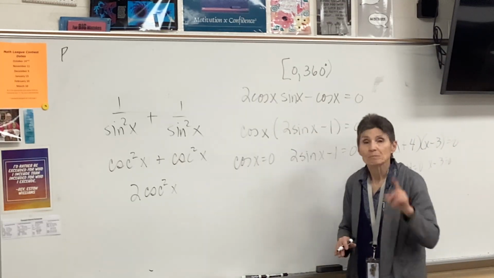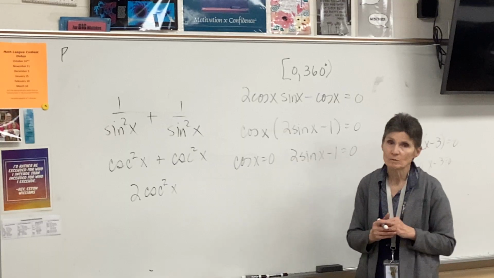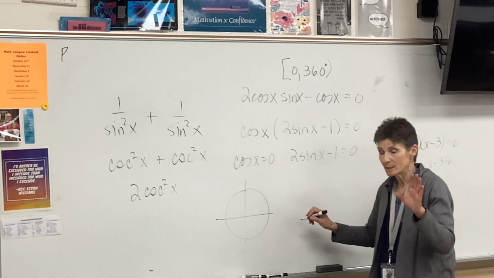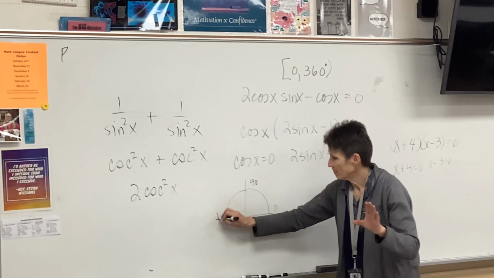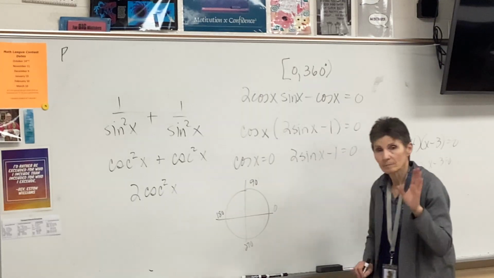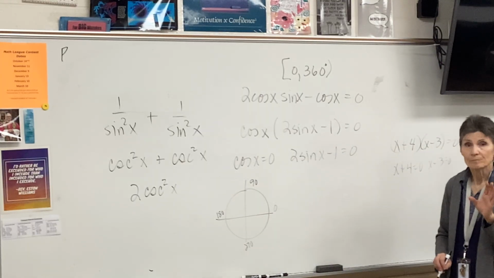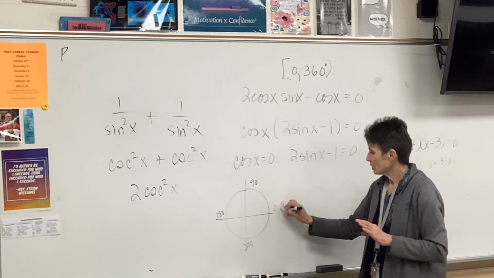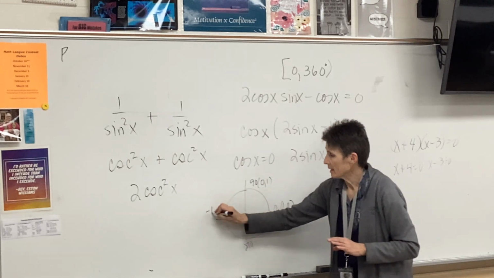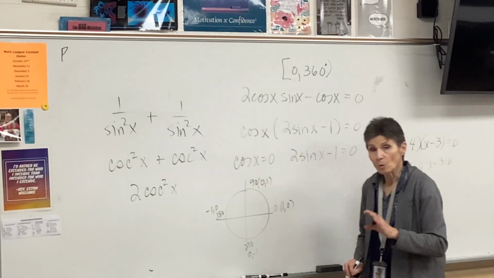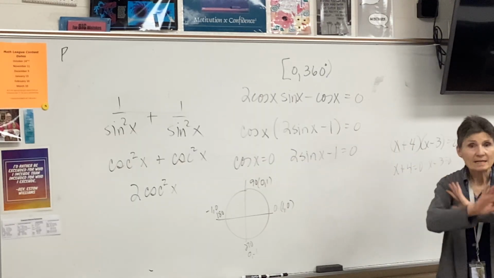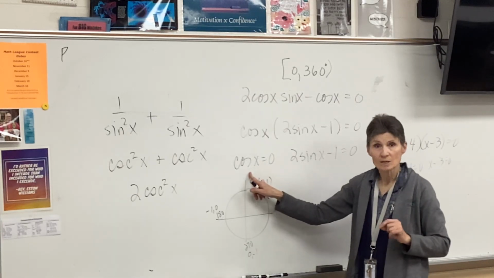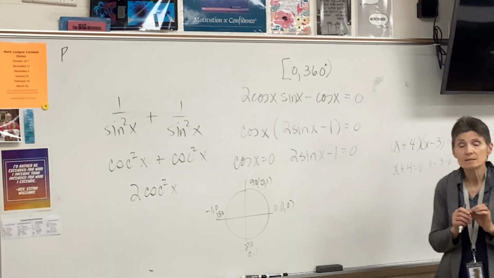All right, zeros. You know where we find zeros. We do not find zeros in a triangle. We find zeros somewhere on our circle. Now I'm in degrees, so I'm going to label these in degrees. Where on the circle is cosine 0? Now remember, cosine is x. So I need to look around the circle and find any place or places where the x coordinate, that is the cosine, the x coordinate is 0.